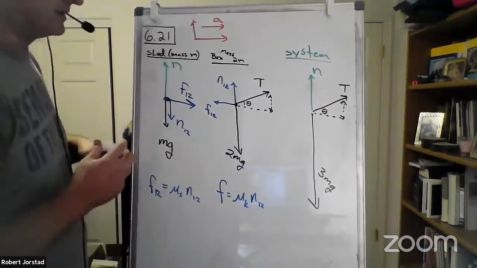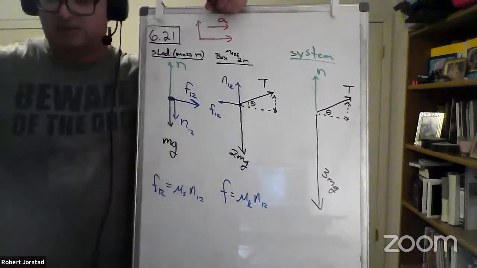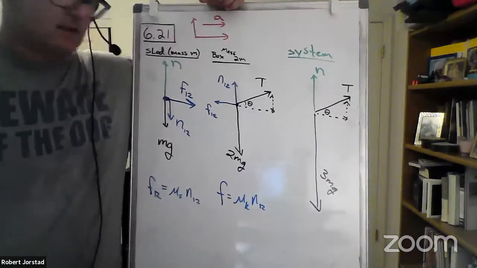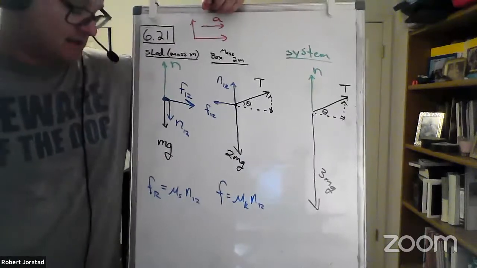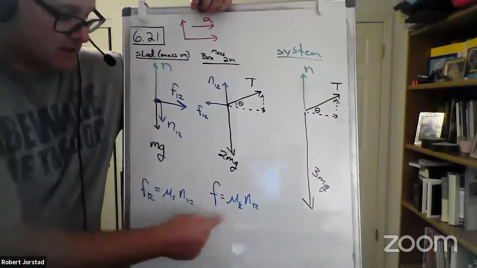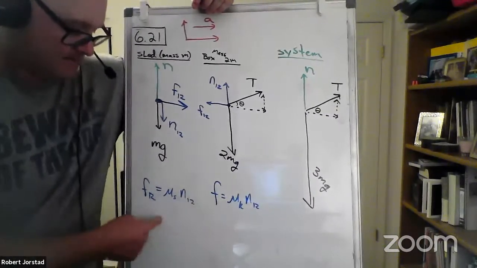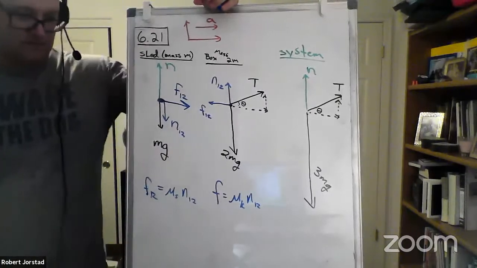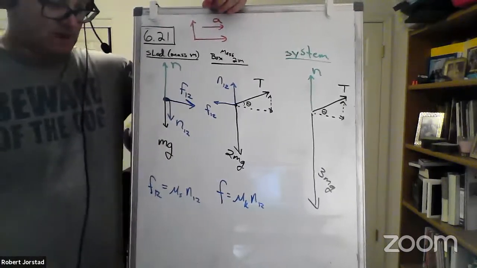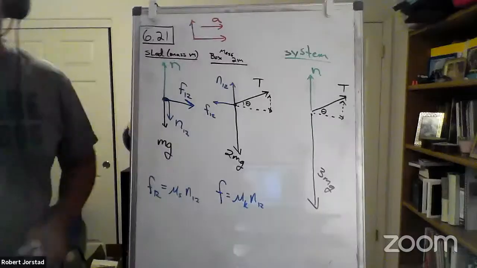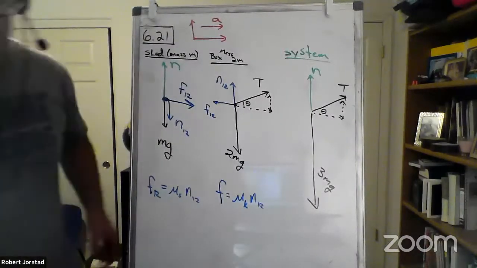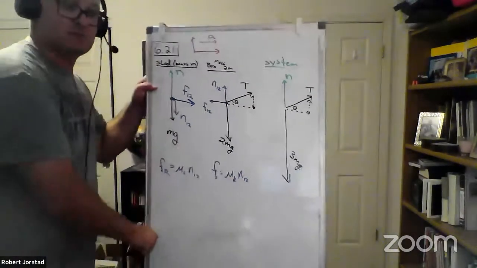So Jacob and Esteban have been answering a lot today, so let's let somebody else have a shot at this one. Which of these equations do you think applies here? Is it going to be mu static or mu kinetic? Wouldn't it be mu kinetic since it's moving? Okay, it's moving, right? So the logical thought is if it's moving, you got to use mu kinetic.